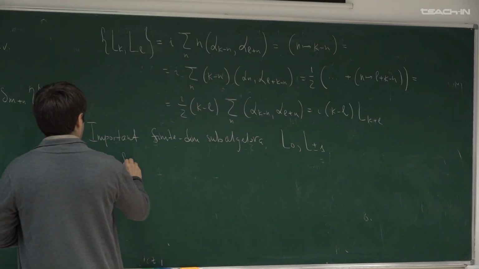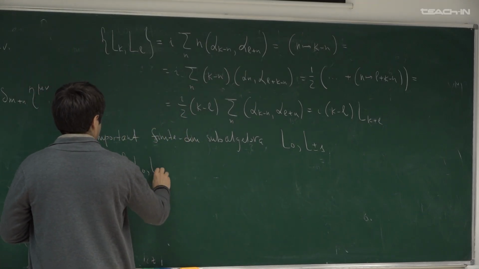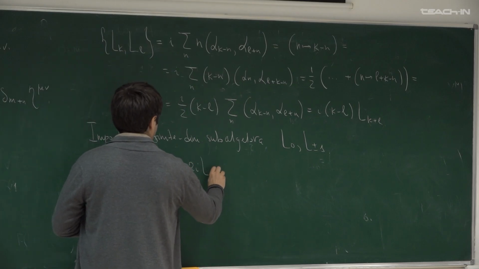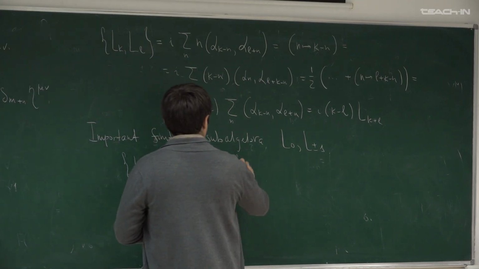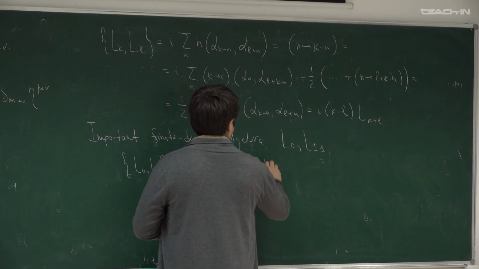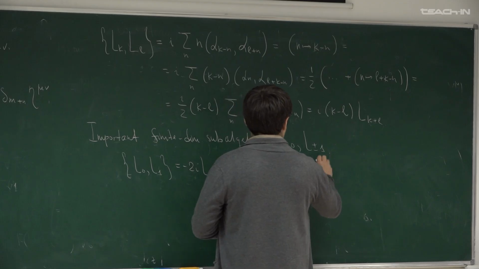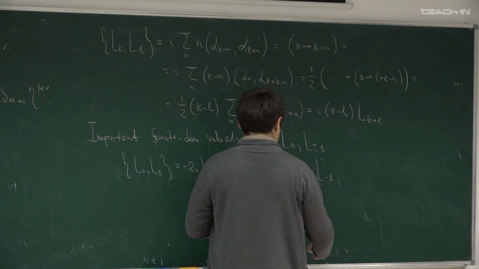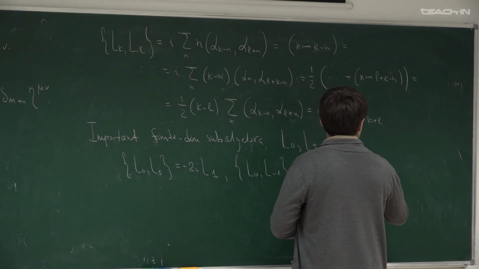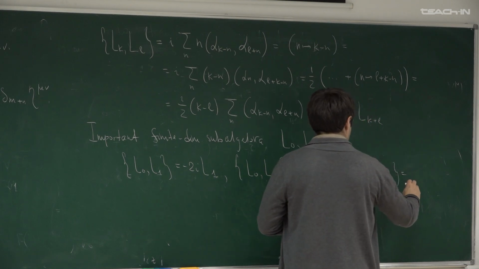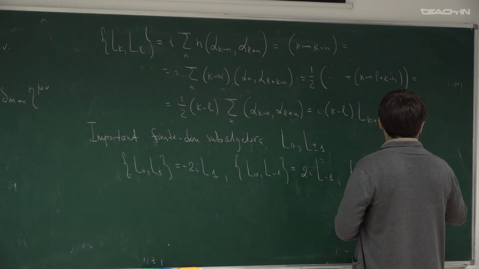So here the brackets are: L0 with L1 is minus i L1, L0 with L minus 1 is i L minus 1, and L1 with L minus 1 is 2i L0.